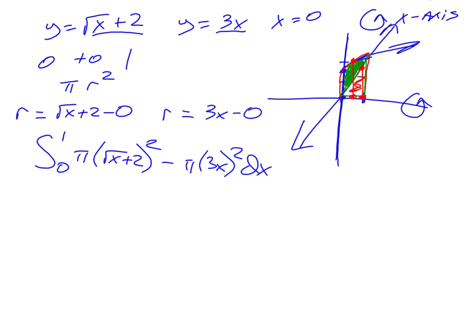Okay, what do you want to do from here? Take the pi's out. And yeah, go ahead and square it. So this is going to be x plus 4 square root of x plus 4 minus 9x squared dx.